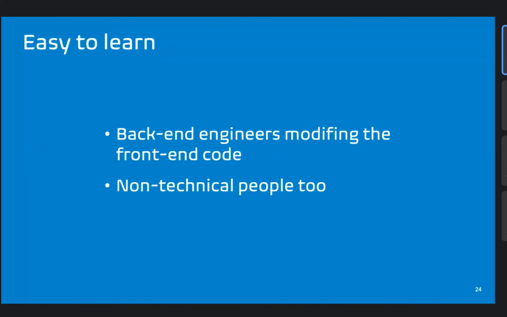And lately we even ask non-technical people to change the code, mainly for translation. So we have translations hard-coded in some Elm files. So we give permission to copywriters and translators. They go there, change the file, and then save it, and automatically they create a pull request.